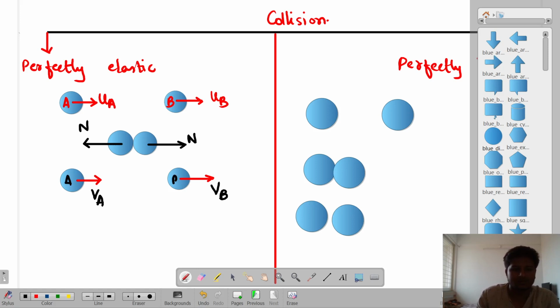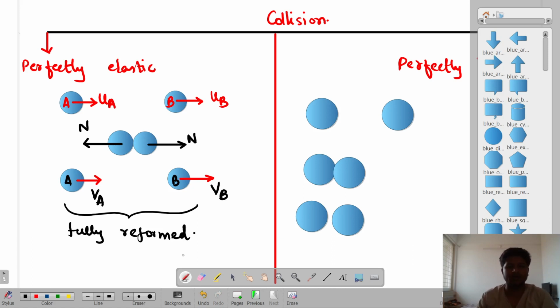Now you will see one of the most important things: when it is a perfectly elastic collision, then the bodies which have appeared after the collision are fully recovered, or fully reformed. Then we know that for a fully reformed body, e must be equal to 1.